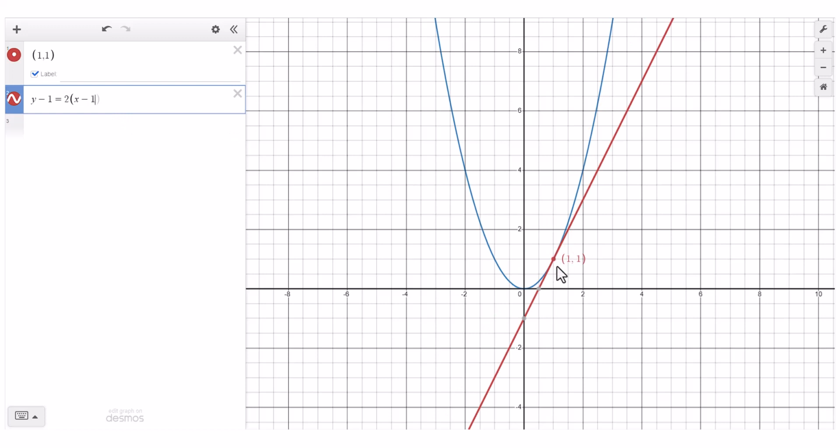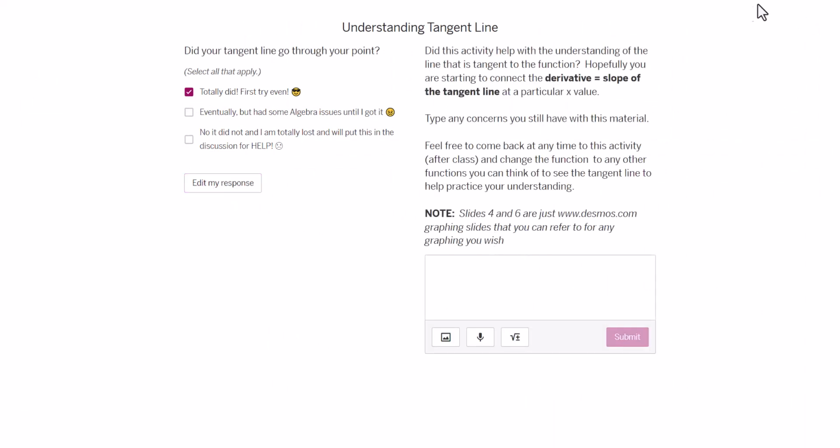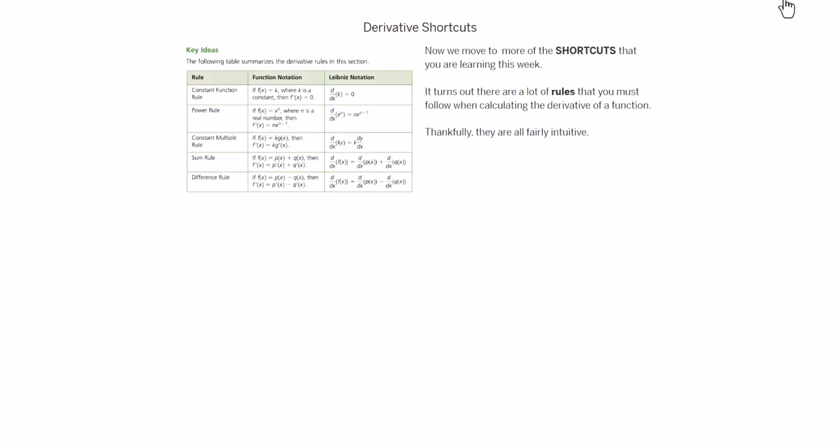I can see that it goes through and travels the same slope as the function at that point. That's important too. And it is tangent to the function at only that one point. Totally did it first try. Of course I did. And just again, tell me how things are going.